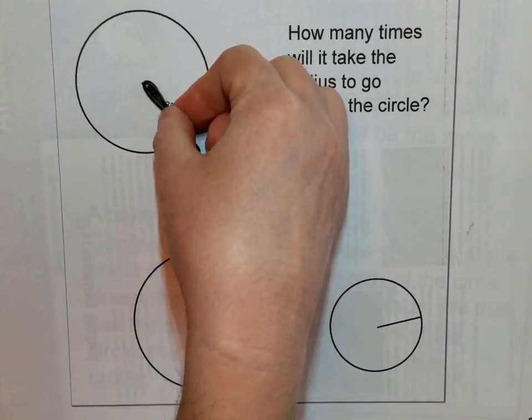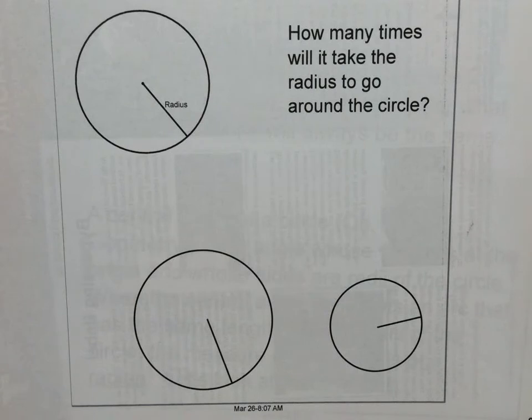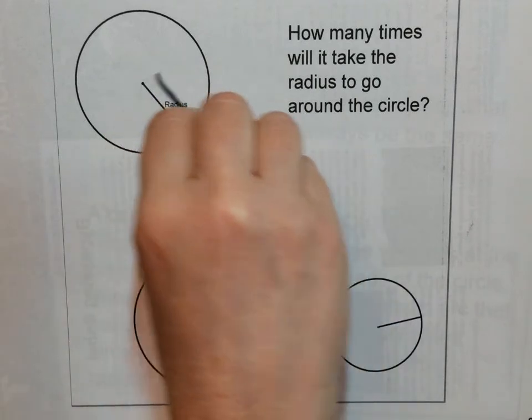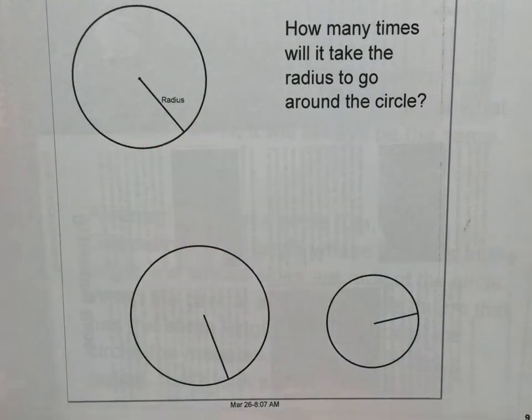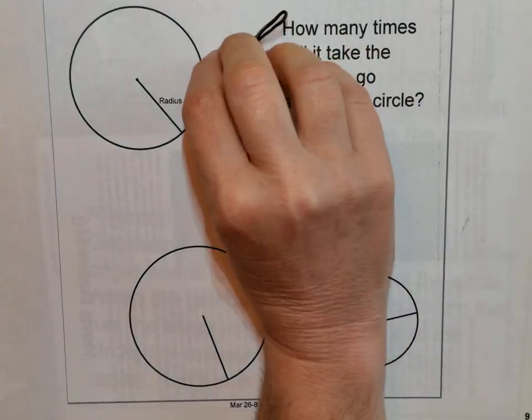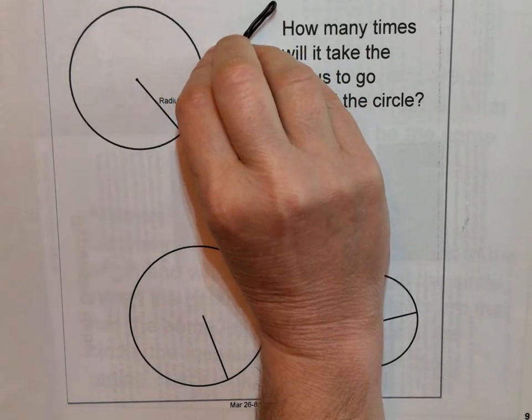Okay, it's about this long. That's my piece, right there. How many of these do you think it's going to take to get around my circle? I'm going to curve it a little bit, and I'm going to try to hold it on there for you. There's one.